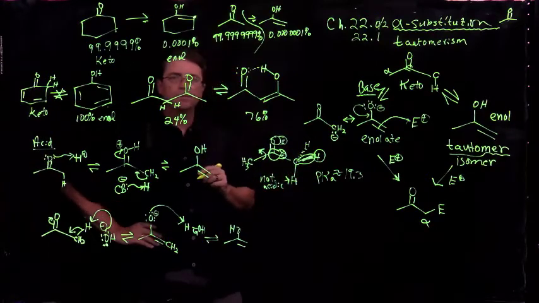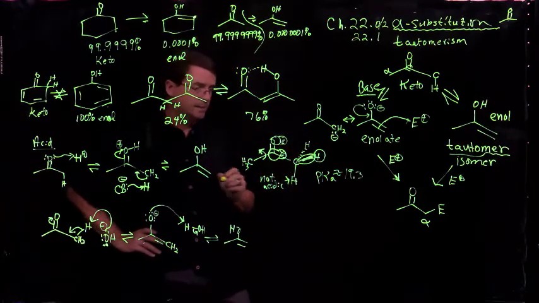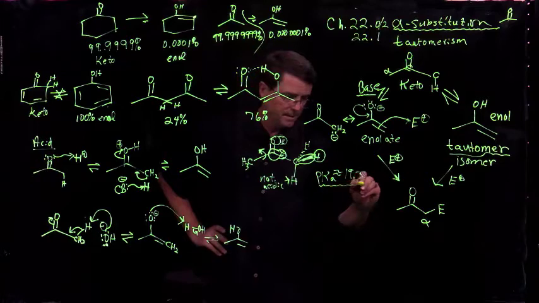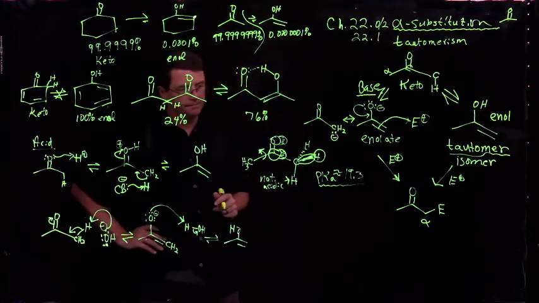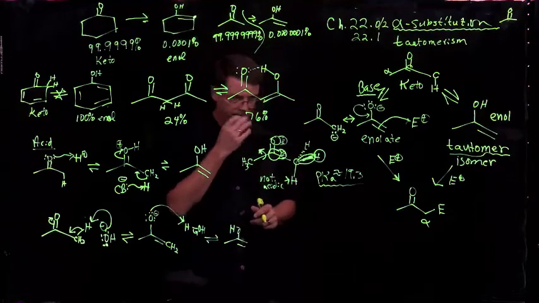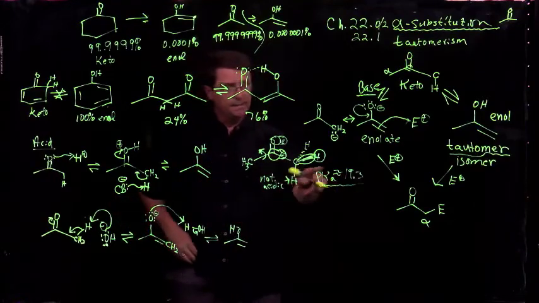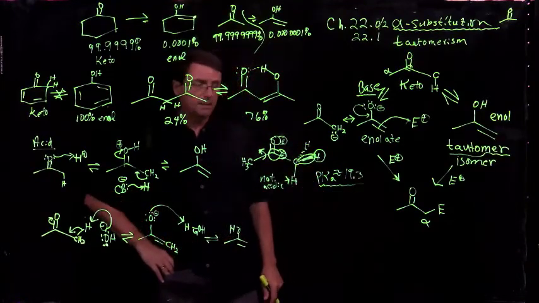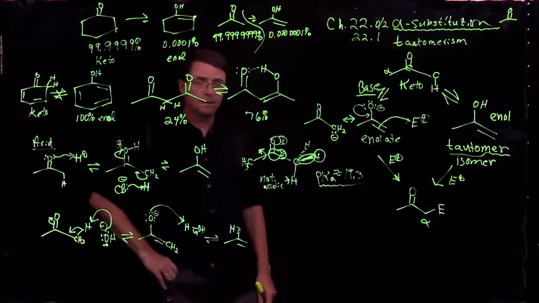That one overlaps with the pi system, and so the pKa is about 19.3. Now that's considerably less than 40 to 50. Okay. So we can access this readily. Sodium hydroxide, for instance, will give us some significant deprotonation of this.